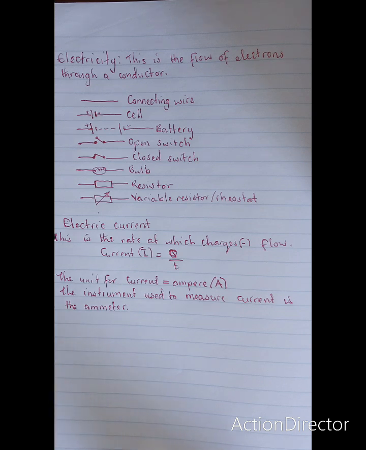Another important aspect which we are supposed to know about an ammeter is its connection. How is it connected to an appliance in a circuit? How are you supposed to connect it?